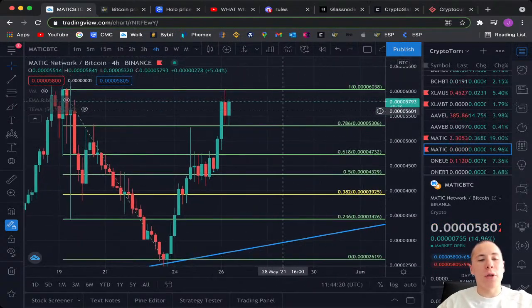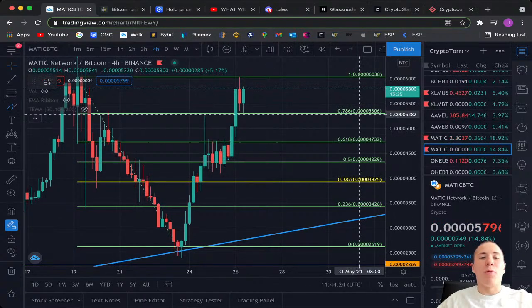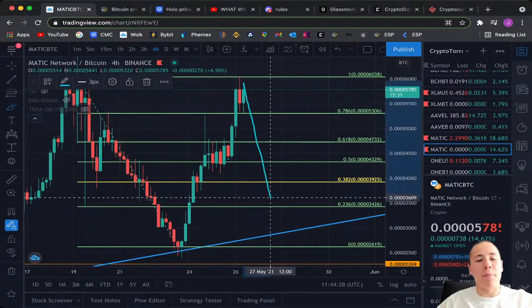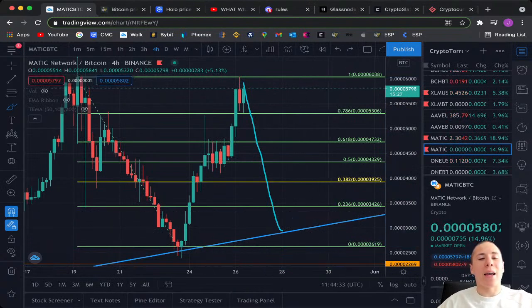But of course we could be rejected by this 1 Fibonacci level of upper resistance, and head back down to retest this upward sloping support, as I previously wanted Matic to do.